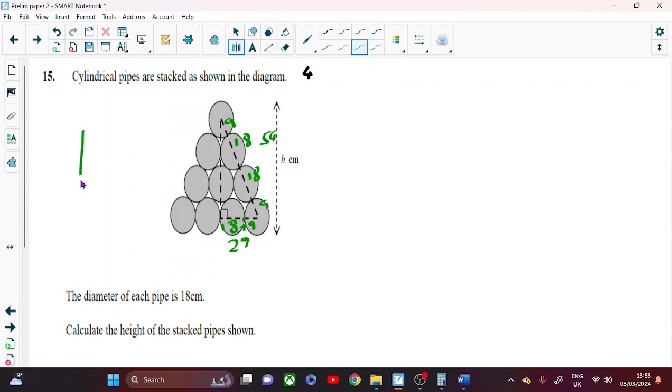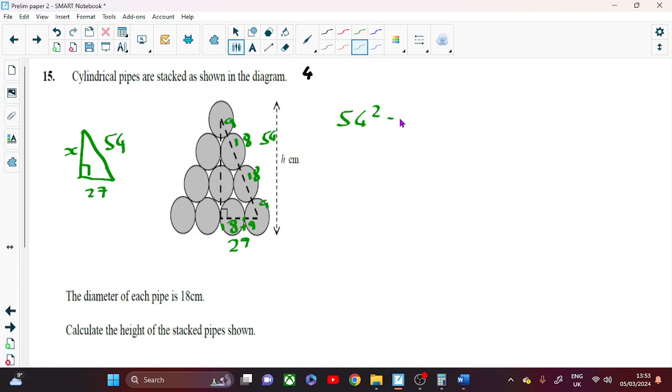If I redraw that triangle, I've got 54, I've got 27, and I've got my unknown, which is not quite the height, because we've got a 9 at the bottom and a 9 at the top, but it gets us the centre of it.